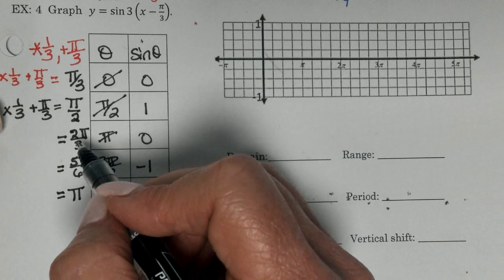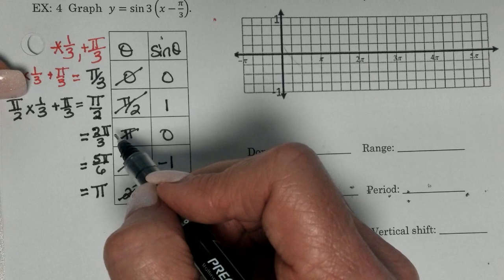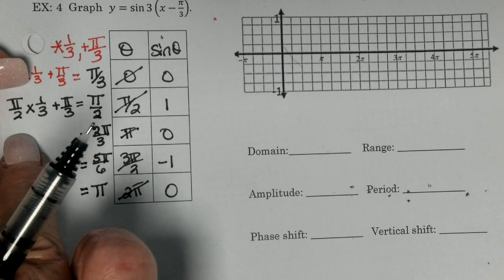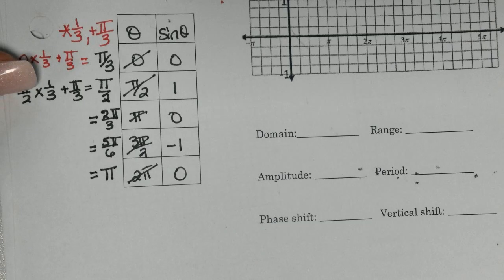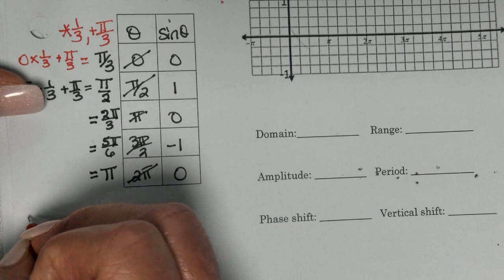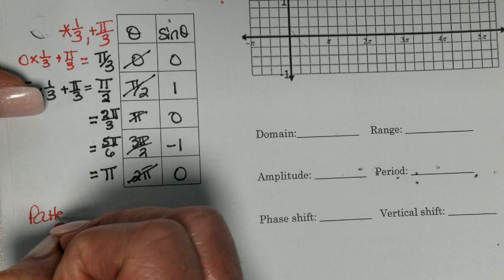Now, if this troubles you, if you struggle with that, you can go ahead and work out the math out here and do whatever you need to do to get those answers. All of us work a little bit differently.